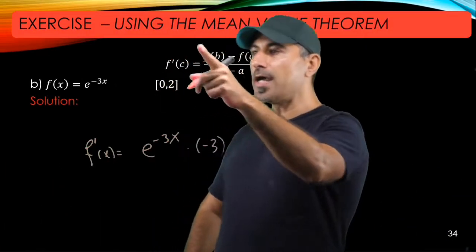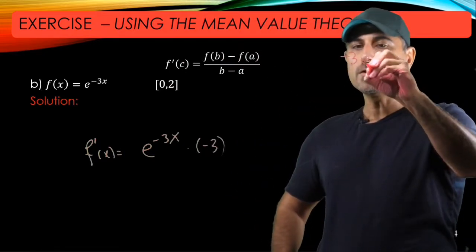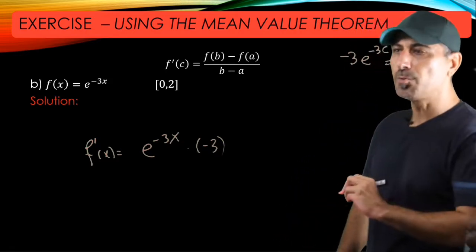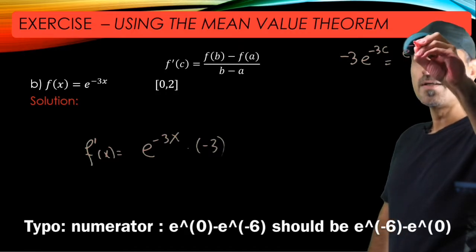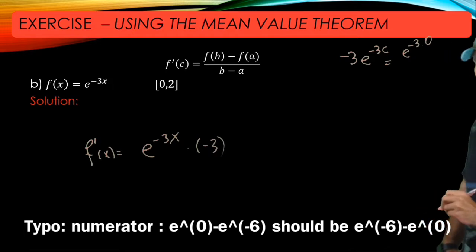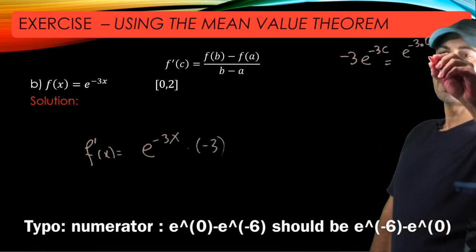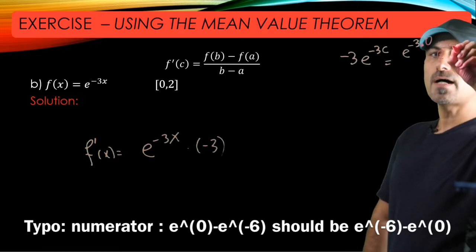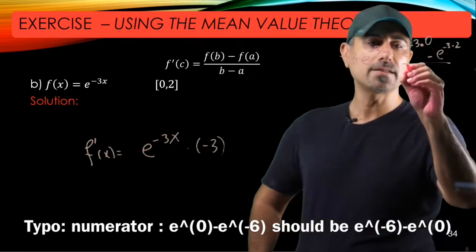And now we can go ahead and write down this equality. Negative 3 e to the minus 3c is equal to f of b, which is e to the negative 3 times 0, minus e to the negative 3 times 2, all divided by 2 minus 0.